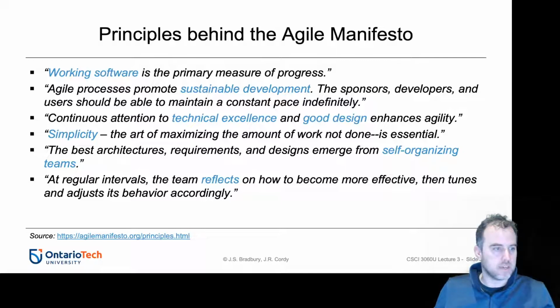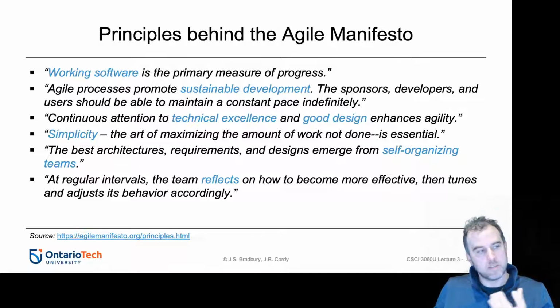I see a comment here about how do you ensure meetings are progressive or not boring. I'm going through principles right now, right? We saw the values, and now these are principles that encapsulate those values. Eventually we're going to get to the different types of agile development, which all have practices that embody the principles and values as well.